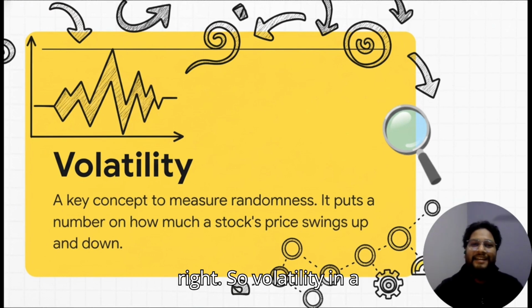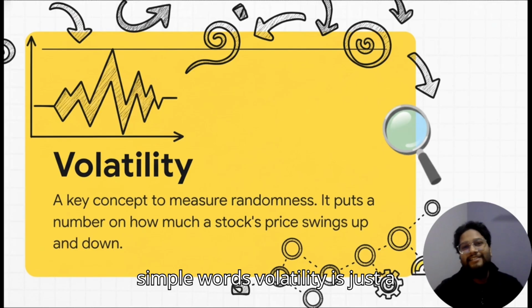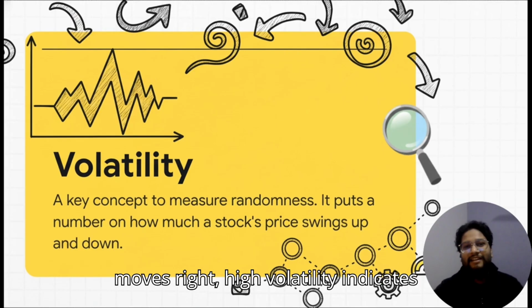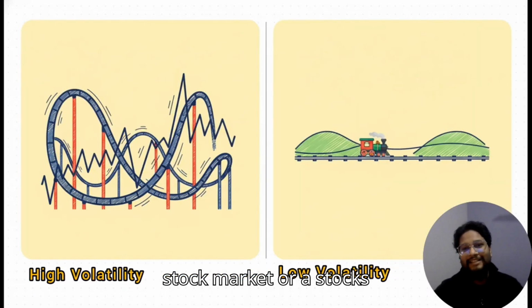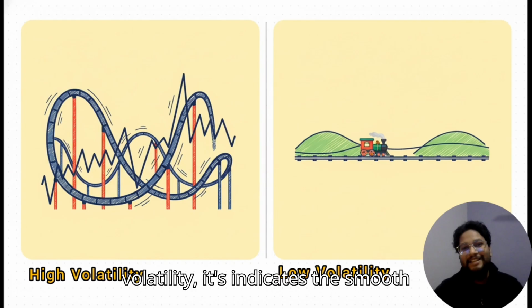In simple words, volatility just means how much a stock moves, right? High volatility indicates big ups and downs, like a roller coaster. Low volatility indicates smooth movement, like a slow train.